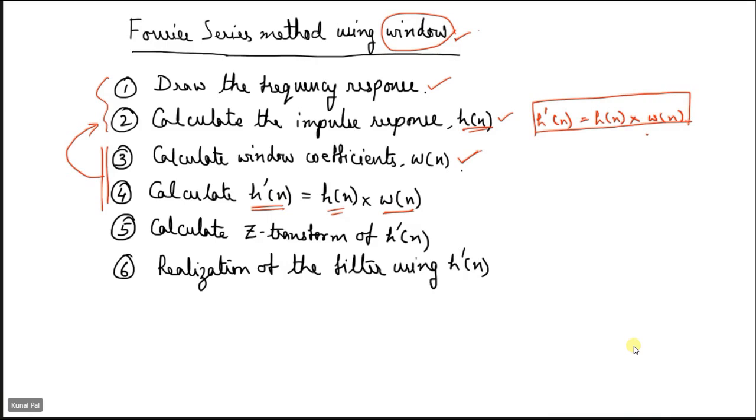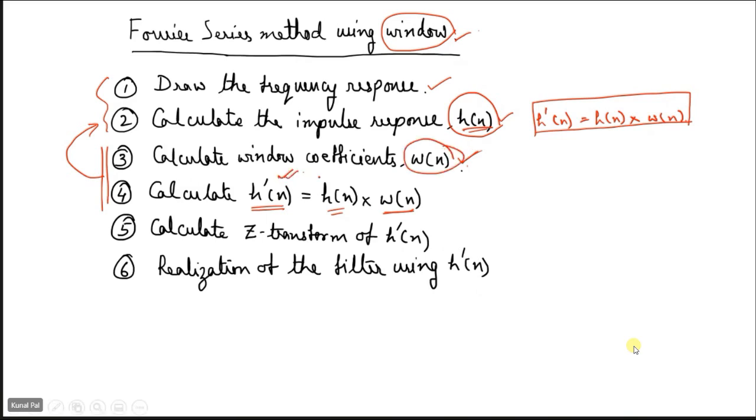But for the sake of understanding, keep in mind that first we have to calculate the Hn, then the Wn, which are the window coefficients, and then from the Hn and the Wn, we calculate the H dash n.